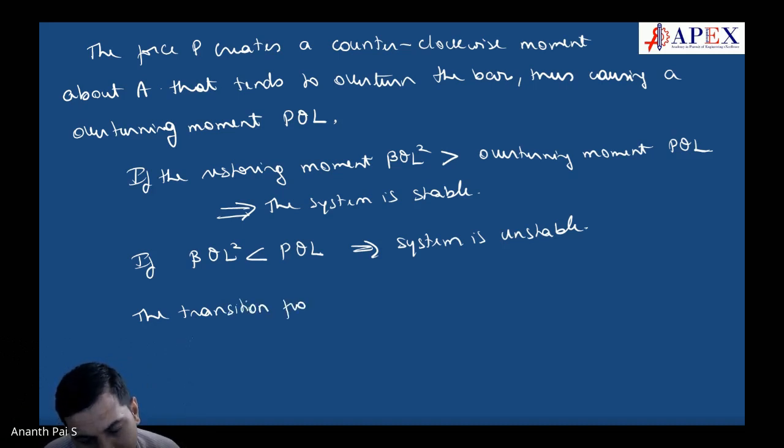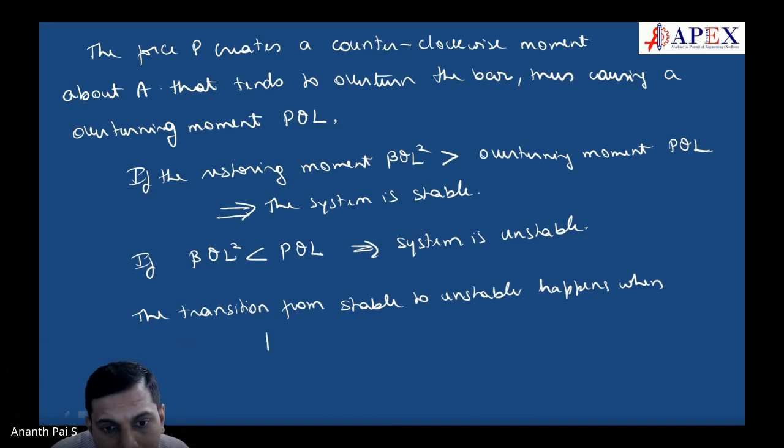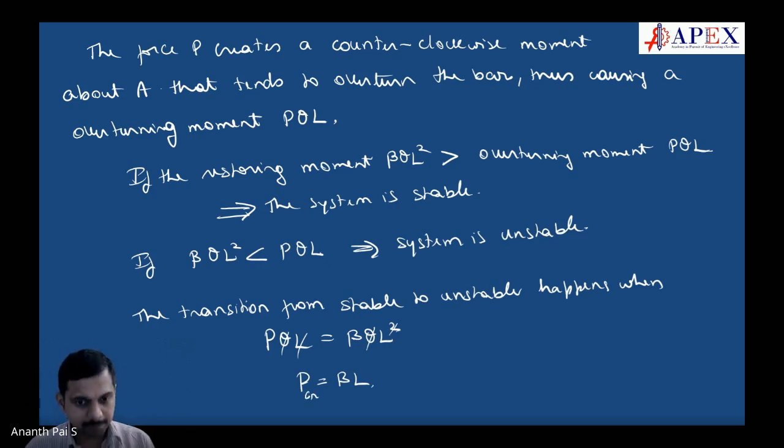Now, the transition from stable to unstable happens when P theta L is equal to beta theta L square, which comes as theta cancels, L cancels, P is equal to beta into L, which can be called P critical.